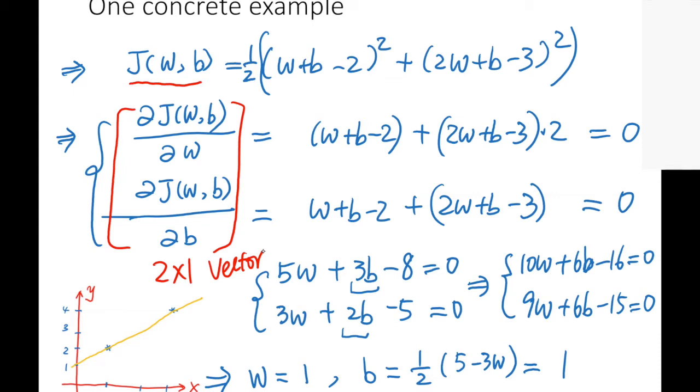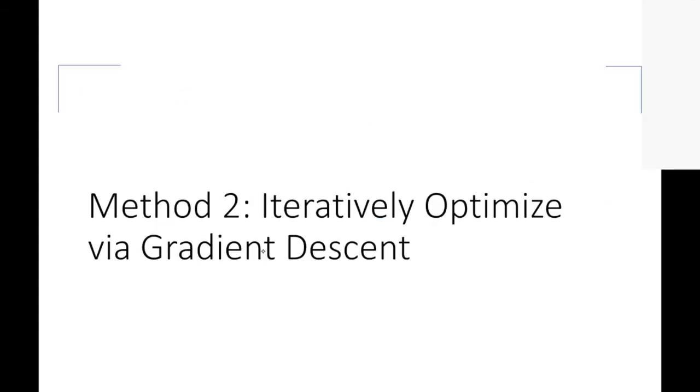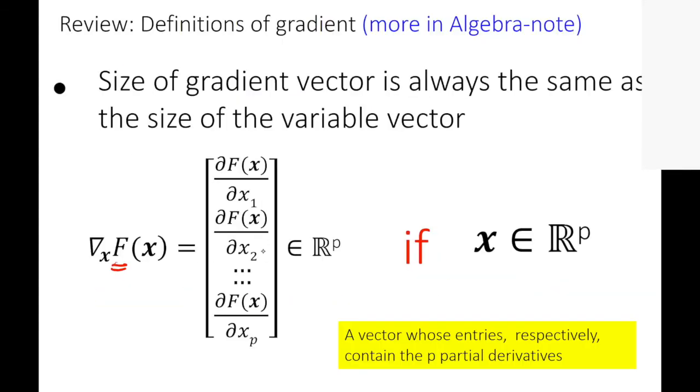Gradient is a vector, to emphasize that concept. If your variable is a p-dimensional vector, your gradient is also a p-dimensional vector. I hope this is clear, and this is extremely important.